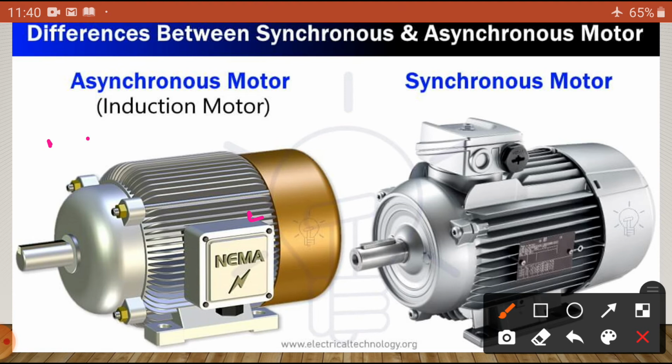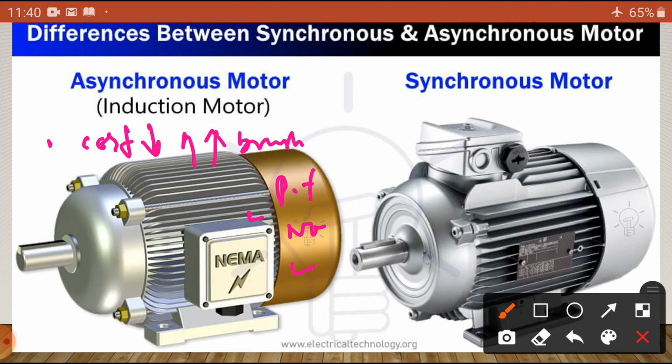Low cost, highly reliable, and efficiency is also very high. No brushes are required, it has a good power factor, needs little maintenance, and it is a quick self-starter motor.